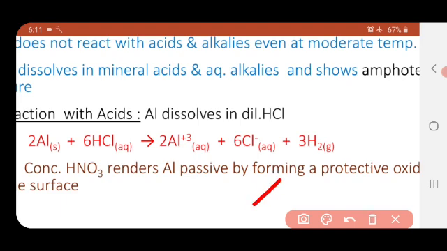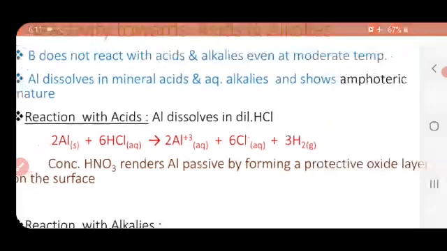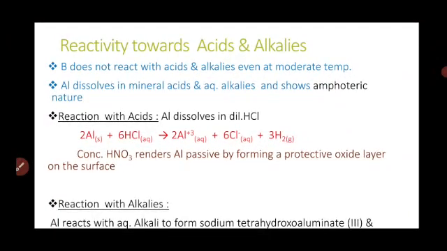Okay. What happens with concentrated nitric acid? Concentrated nitric acid renders aluminium passive by forming a protective layer on the surface. Means once it reacts to form a protective layer on the aluminium surface, further action is opposed.